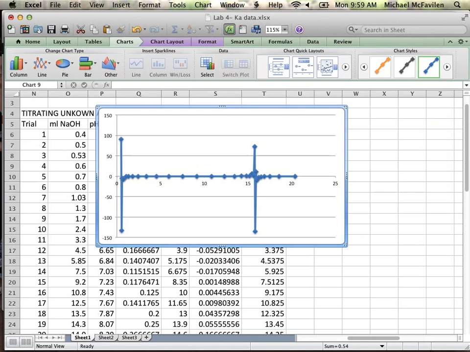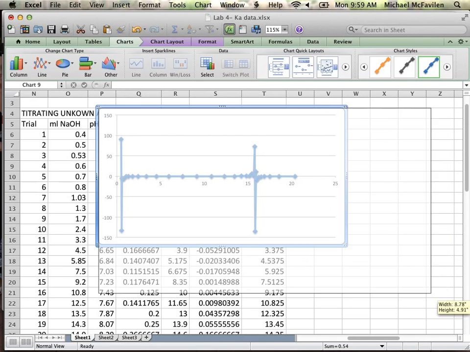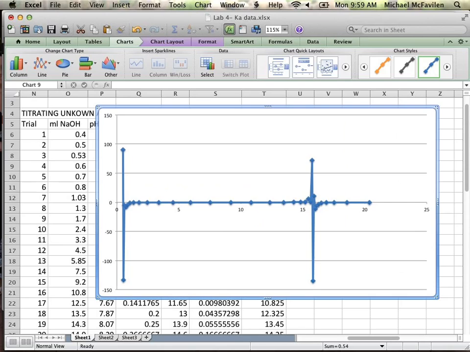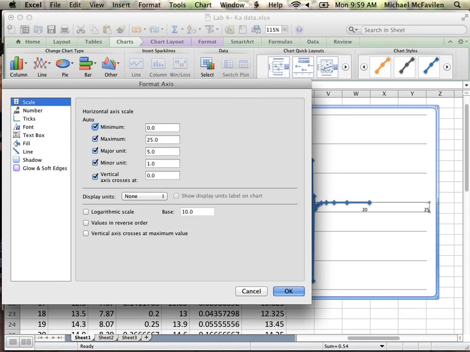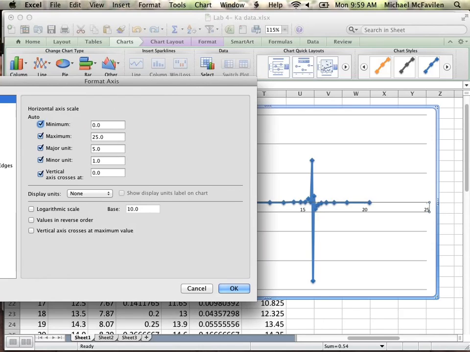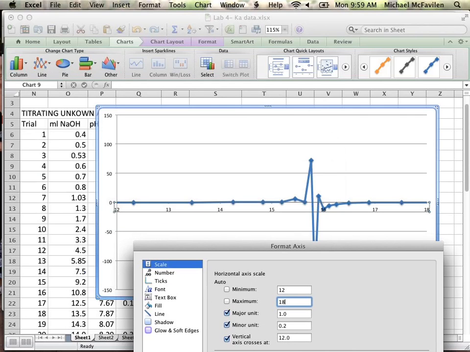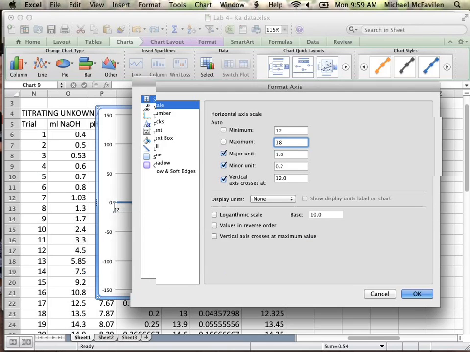Load this up a little bit more so we can see it. Most of this is going to be pretty useless for me to see as a graph, so what I would like again is for you to zoom in on the appropriate area. Where I would zoom in first, so we can get a feel for it, would be 12 to 18. And now we can see a reasonable value.